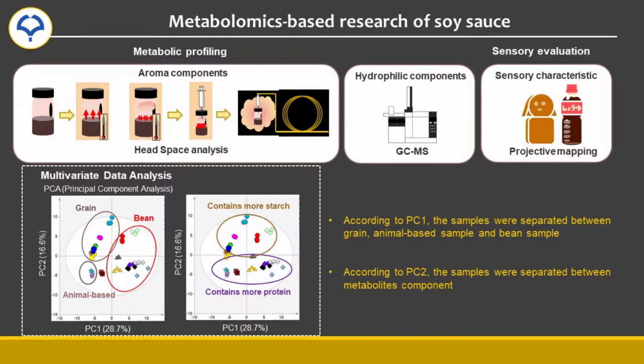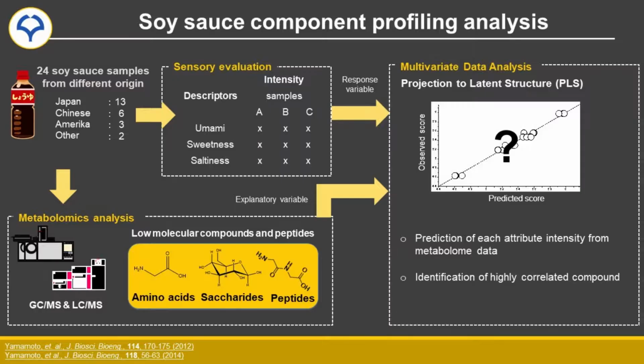Using volatile or aroma components and hydrophilic components from GCMS and sensory evaluation, we can understand that soy sauce can be discriminated based on three groups: grain, bean, and animal-based soy sauce. Different origins of soy sauce could also give different flavor attributes due to its relevance with the respective country. To study what metabolites are important, sensory analysis and metabolomics can be conducted to identify highly correlated compounds.